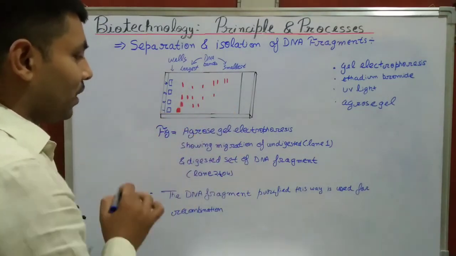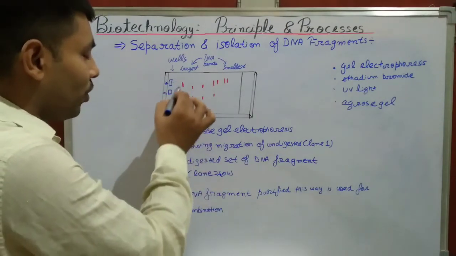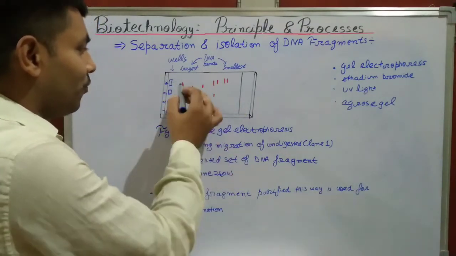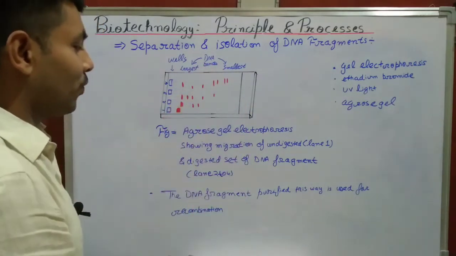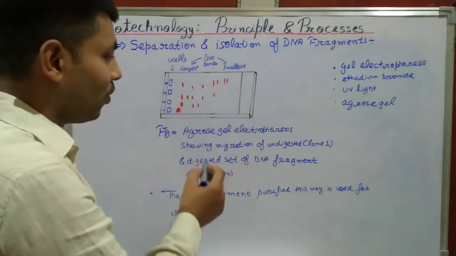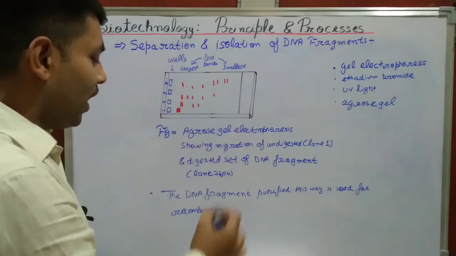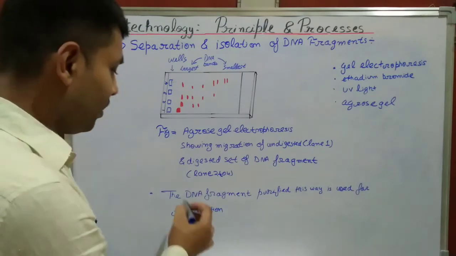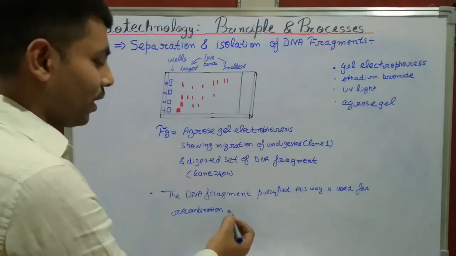This number 1 is basically the undigested one, and 2, 3, 4 are the digested forms. See, 4 has reached this point. It is basically agarose gel electrophoresis showing the migration of undigested lane 1 and digested lanes 2, 3, 4. DNA fragments purified this way are used for recombination.